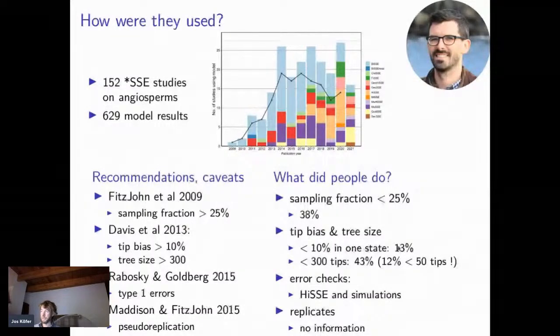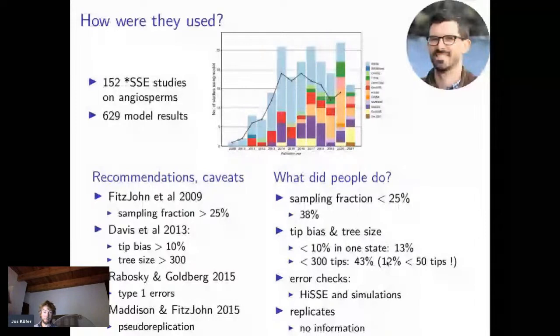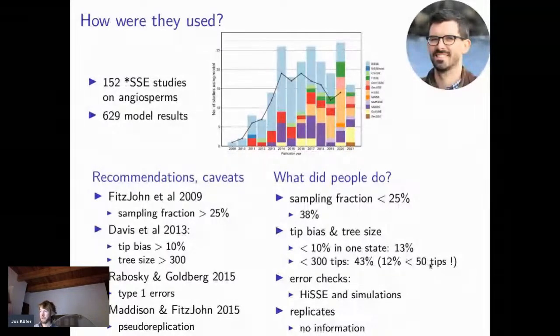Only 13% after 2013 didn't follow the recommendation by Davis et al. For the number of tips, it's slightly worse. 43% of the studies had fewer than 300 tips, and this surprised us a lot: even 12% of all the studies had fewer than 50 tips. So they're running these models on very small trees.